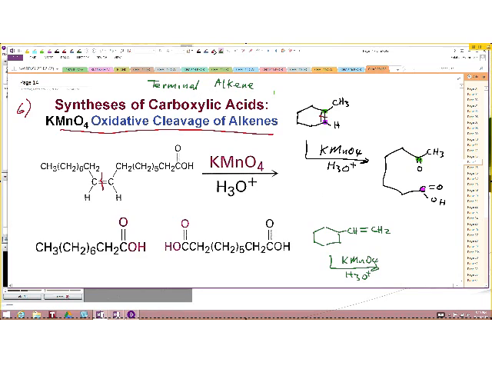You are going to cleave this. This carbon becomes the carbon of a carboxyl group, and this carbon here, because we are now dealing with a terminal alkene, becomes carbon dioxide. So you will get this product here.